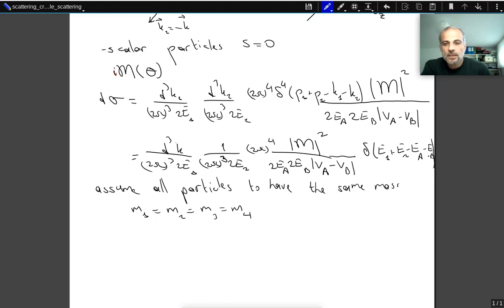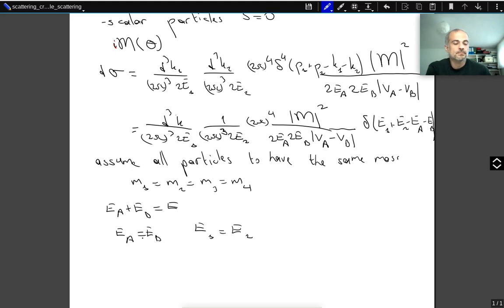So I will call EA plus EB to be E. And since EA is equal to EB, and E1 is equal to E2, this is true because in the reference frame we are working with, P1 is equal to minus P2, or in terms of magnitudes, the magnitude of P1 is equal to P2, and after this K2 integral, we know that the magnitude of the K1 3-vector is equal to the magnitude of the K2 3-vector.